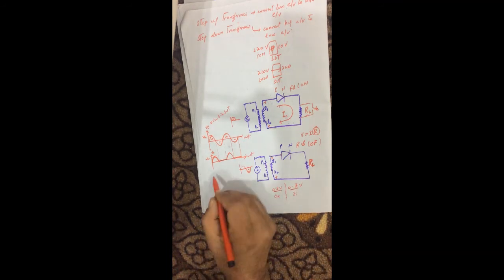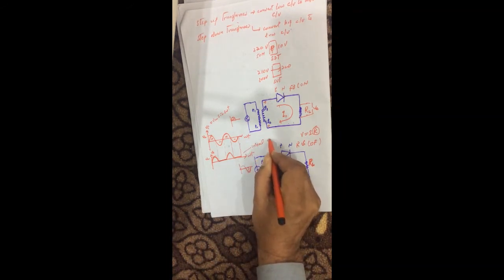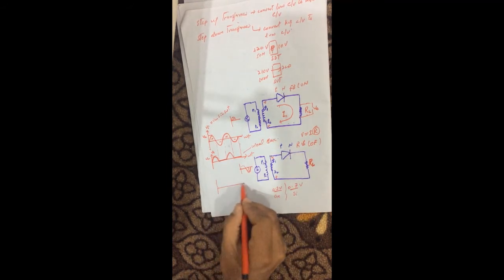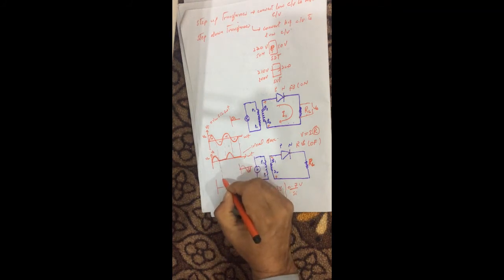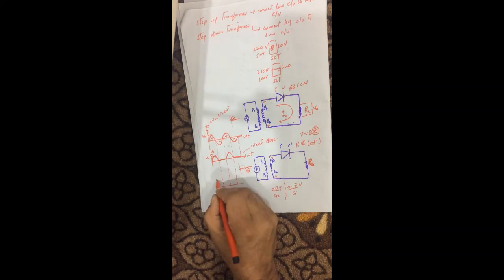But once the input voltage becomes greater than this 0.7 or 0.3 volt, then there will be a flow of current. So this is for the ideal case, but in reality, in practical life, if this is the positive, negative, then initially up to 0.3 volt or 0.7 volt, there is no current flowing through, or there is no voltage drop across the output.